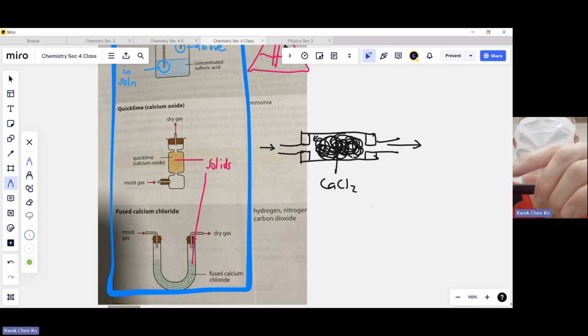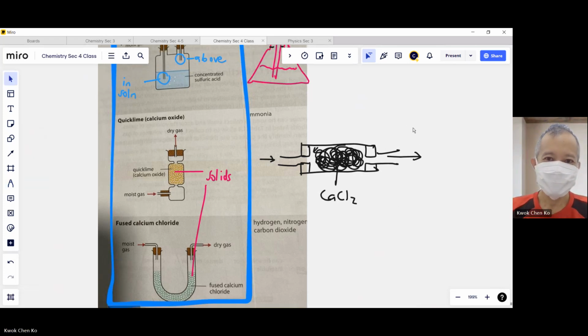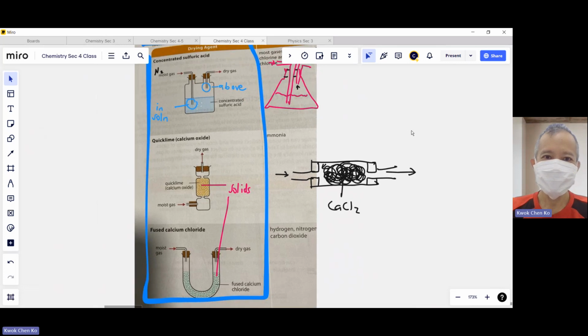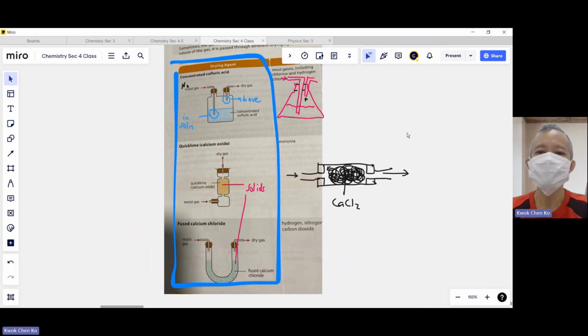See what you want to write down for these few methods. Anyway, this diagram is in your textbook if you are using chemistry methods.